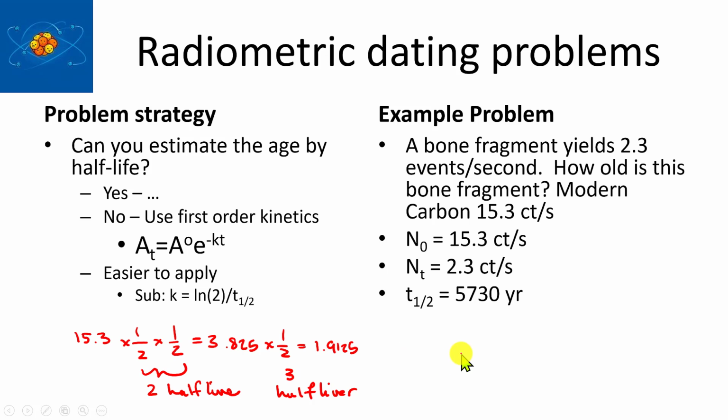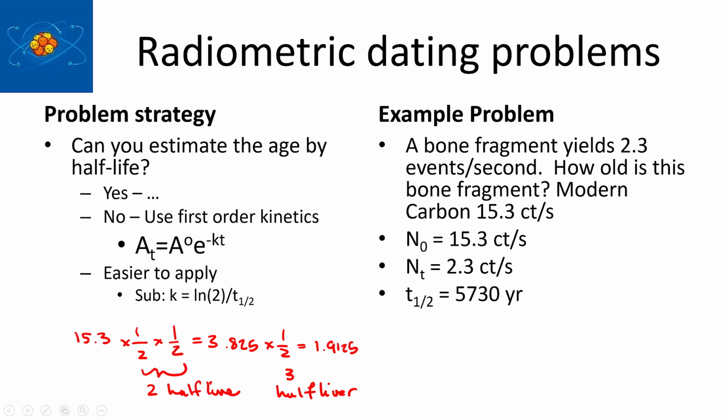Now, one of the reasons why you would do something like this is sometimes that's an acceptable age range. On the other hand, it's also a good way so that when you do the calculation, you know you're in the right ballpark for the answer. Just estimate the number of half-lives and see about how big your answer should be.